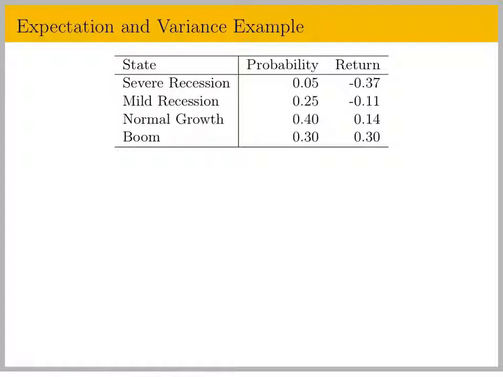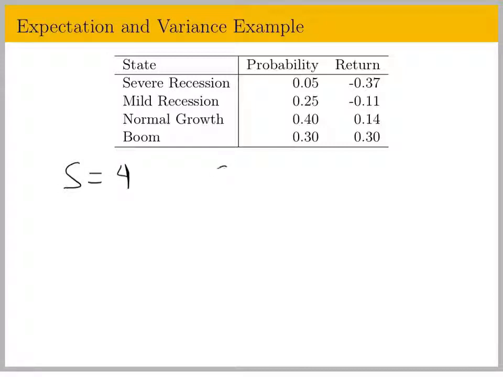So let's work an example. In this case, we'll say that returns are discrete random variables, and we will assume that there are only 4 possible future states of the world. So in this case, capital S is equal to 4.